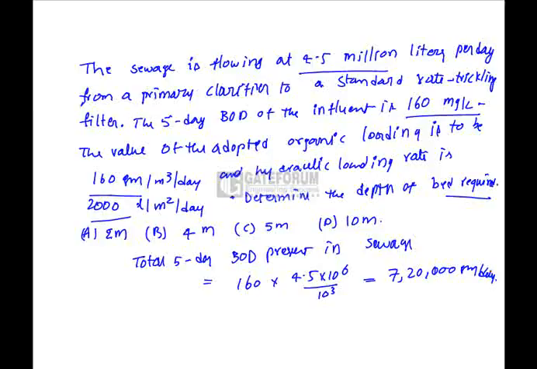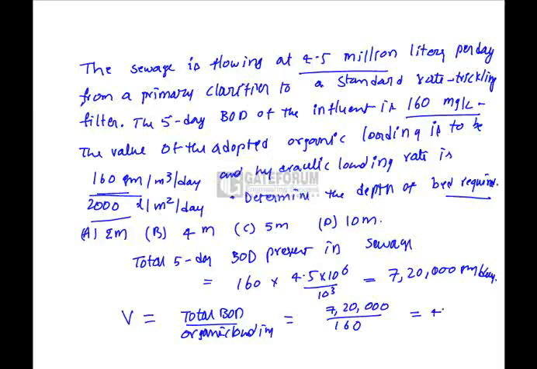Then we find the volume of filter media required: total BOD divided by organic loading, 720,000 divided by 160, which gives 4500 cubic meters.